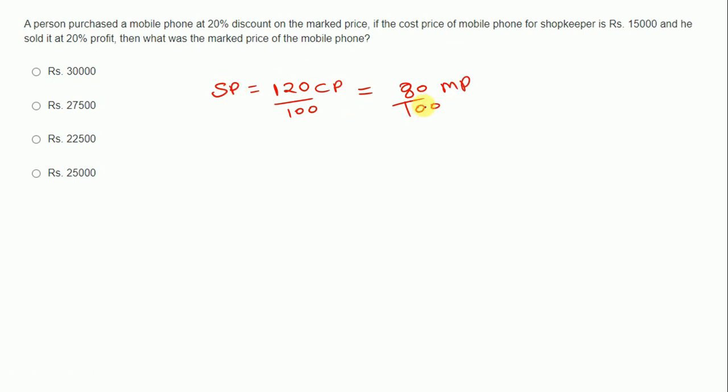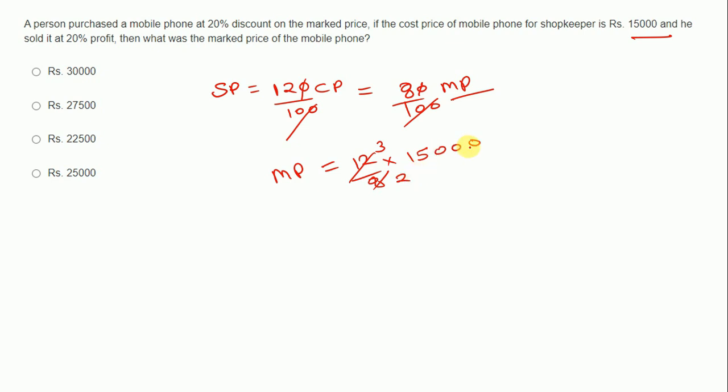We have to find the market price, and CP is given to us, that is 15,000. We just need to cancel this 100 from both sides, cancel this 0 from both sides, and now MP is equal to 12 by 8 into 15,000, and it will be 3 divided by 2, cancelling it by 4.